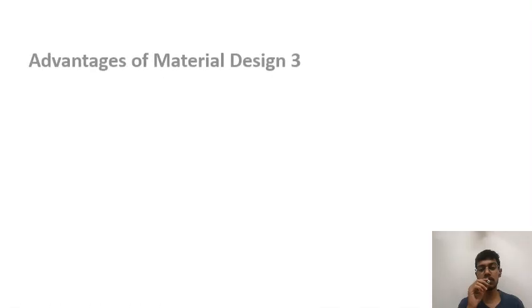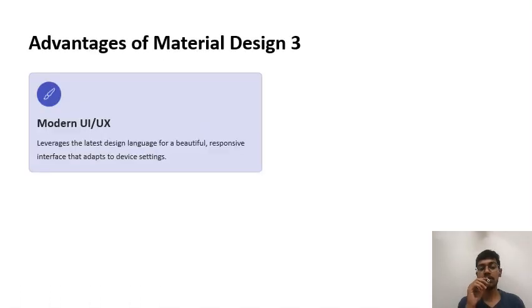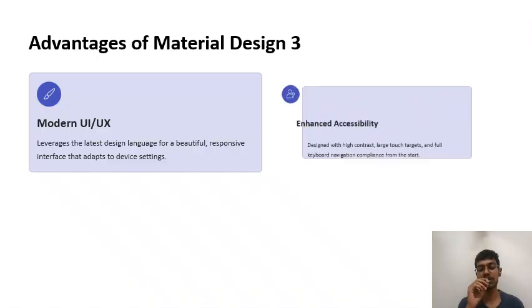Now we will be seeing the advantages of Material Design 3. As we know, all of us are very fond of aesthetic and attractive interfaces. Material Design 3 has a modern UI UX that leverages the latest design language for a beautiful, responsive interface that adapts to the device settings.